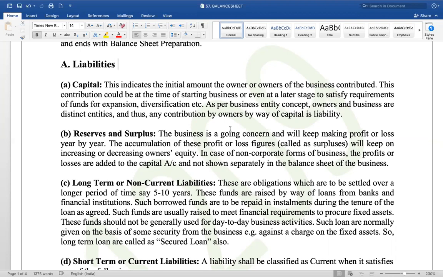Sir, if that is the case, why do you tell us that liabilities and assets can be taken on any side? Why do you tell that? Because when you take up your higher level education, a master's program, maybe a master's in accounting or a master's in business administration, when you come across such a scenario which I told you just now, then you will question me, you will point me out.